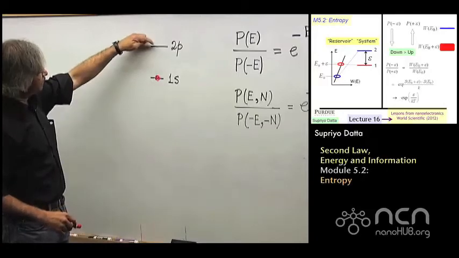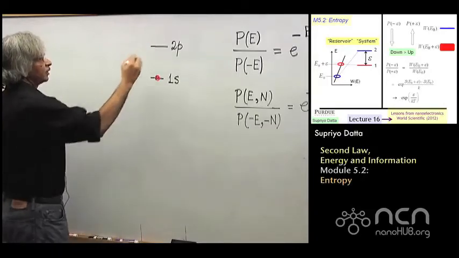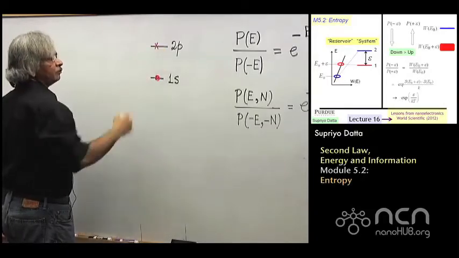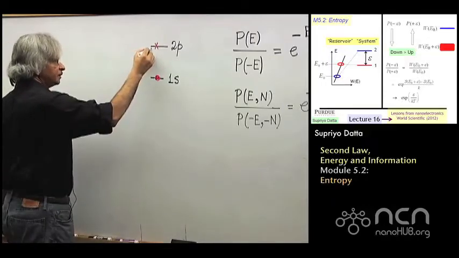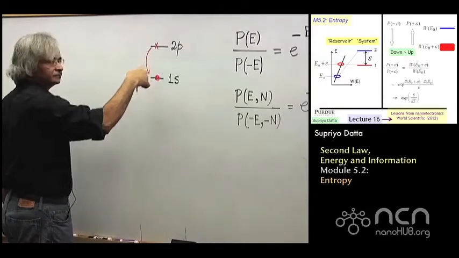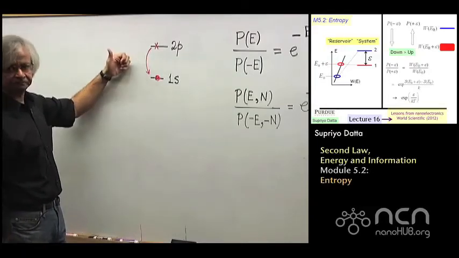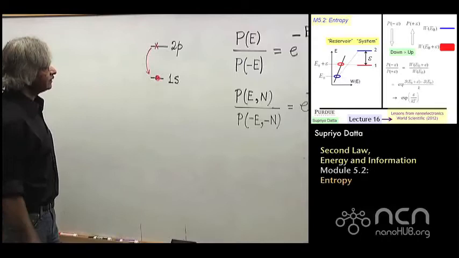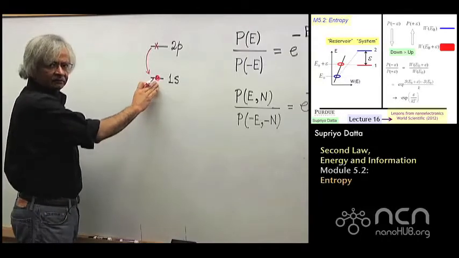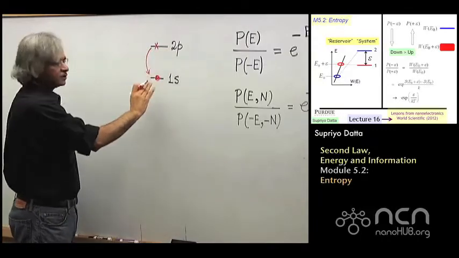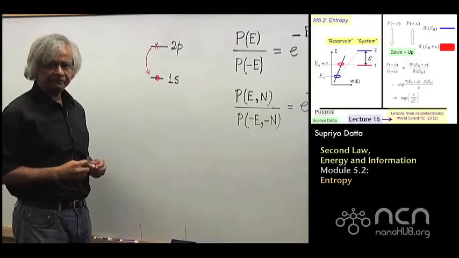Now, if the electron happened to be here, we know what would happen. It would immediately emit light and come down. That's the process of emission. On the other hand, if the electron is here, it doesn't easily go up. It usually stays there. Okay?